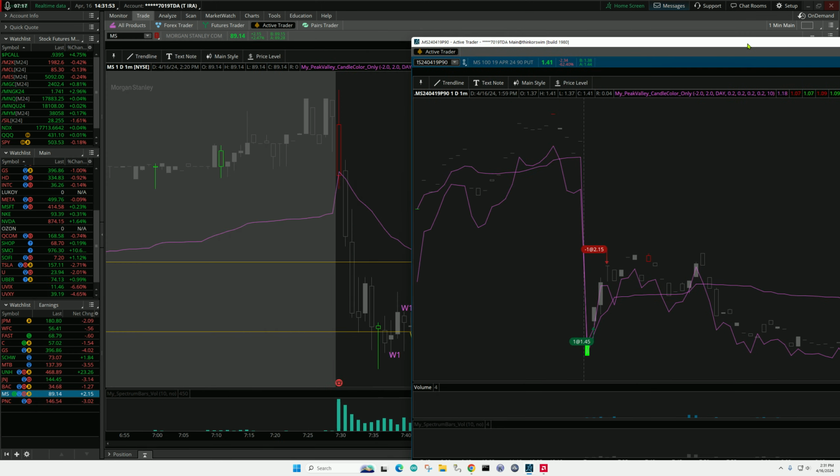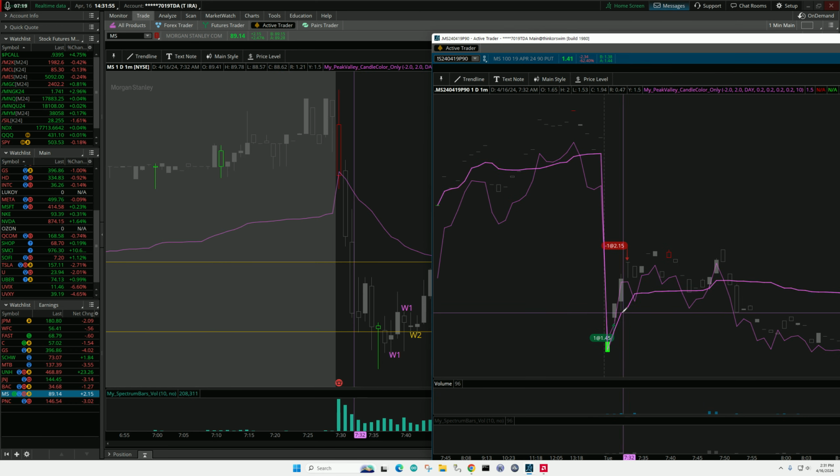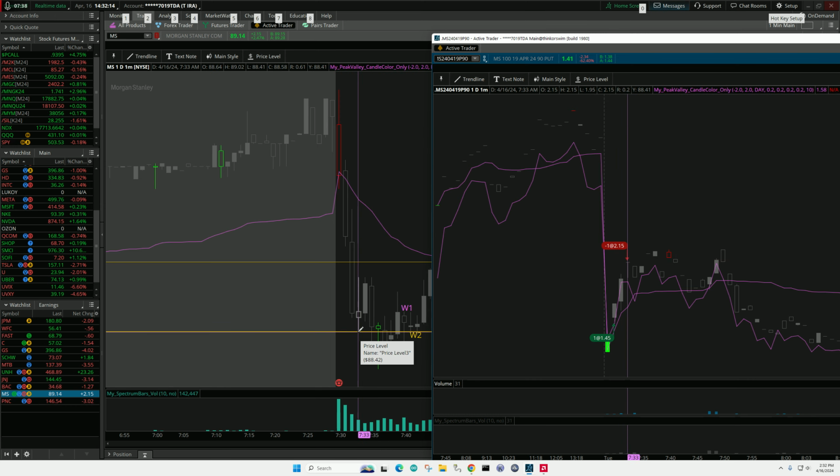So what you can see is when I hover over this, my cursor will also show up on the stock chart as well. So you can see I got long one contract here at $1.45, and then I sold 2 candles later, and that's right when price hit this yellow line. So this was a limit order.